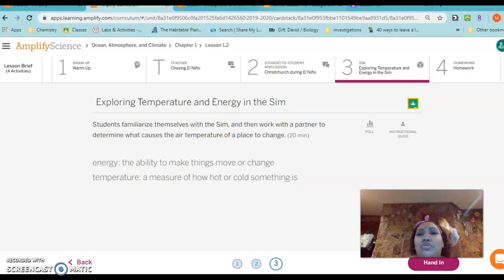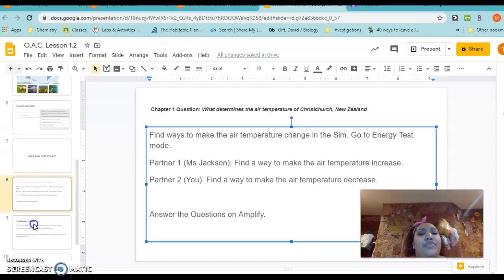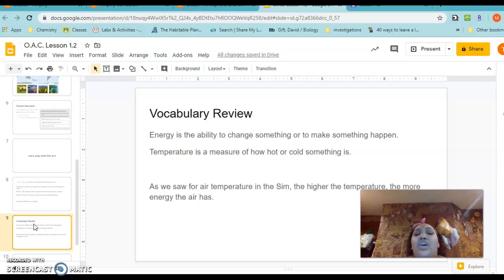So let's put these 2 things together. We saw in the simulation that as the air temperature was higher, the more energy the air has. So when energy increases, temperature also increases, right? That's something we might have noticed in the simulation.